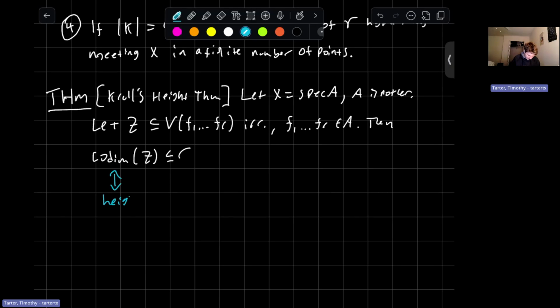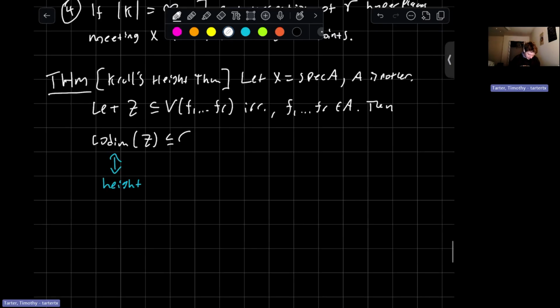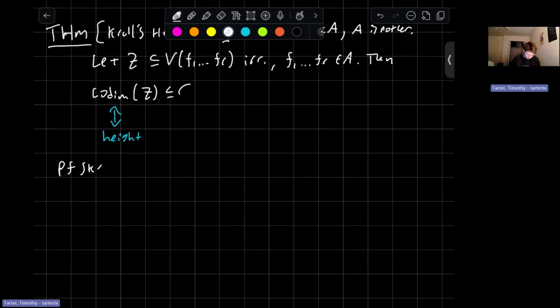back to this. This is when we talk about height. So the proof sketch is that we have two cases.